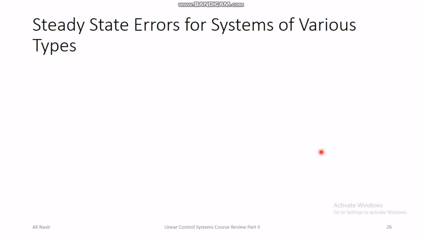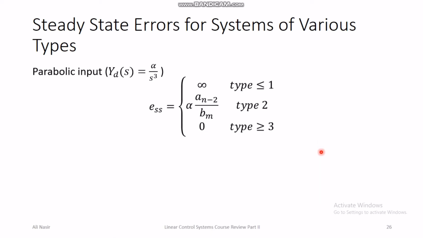Similarly, for parabolic inputs, the transfer function is alpha over s cube. For parabolic inputs, if the system has type 0 or type 1, the steady state error is infinite. If the system has type 2, the steady state error is finite, and for type 3 and greater types, the steady state error with respect to parabolic input is 0.